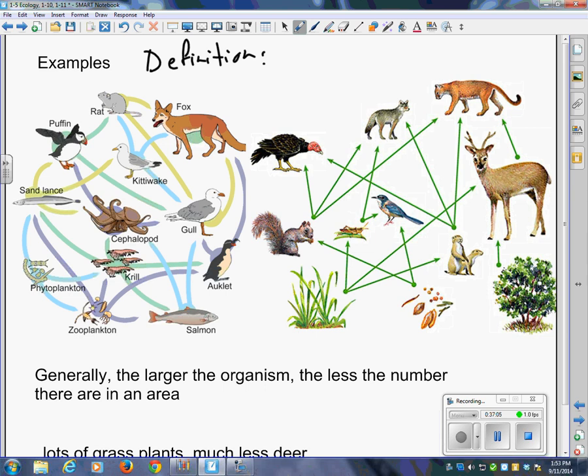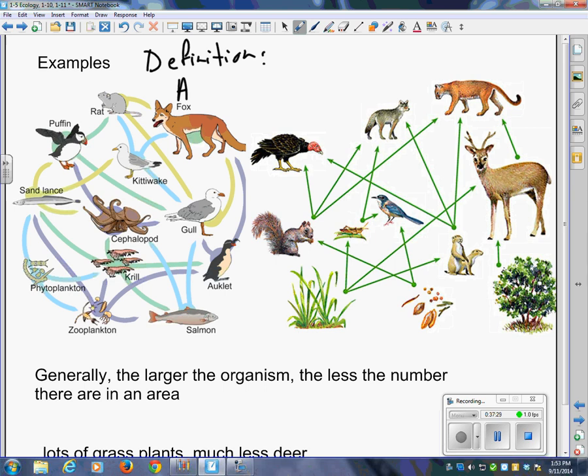Jalen? Savannah? How would you start? What would be a food web? Is it many food chains? How would you say that, John? Food chains that interlock with each other.